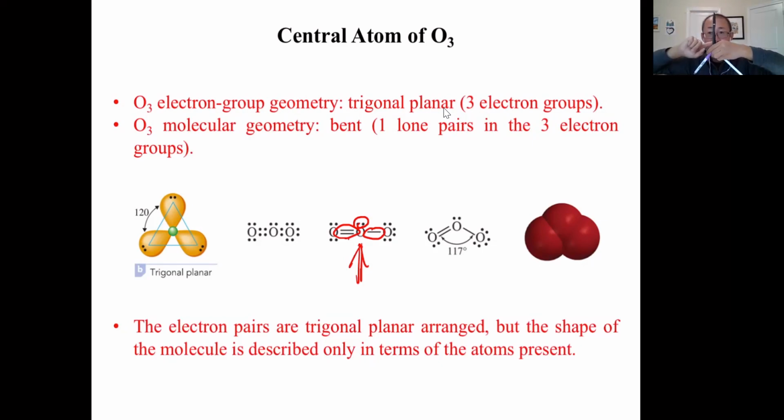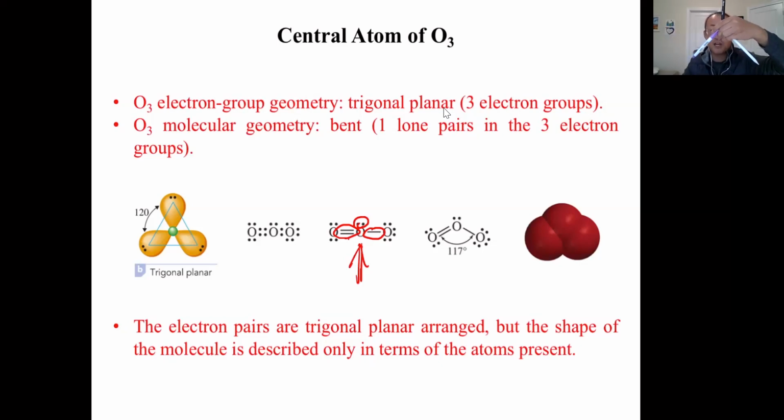So the geometry of the molecule is derived from trigonal planar. We call this a bent geometry. The electron groups, lone pair, single bond, and double bond, are still arranged in a trigonal planar way.